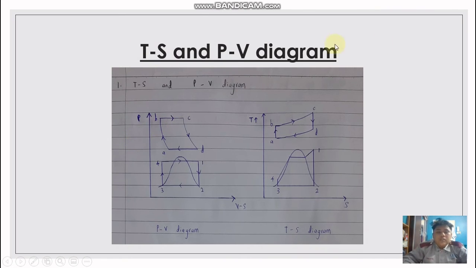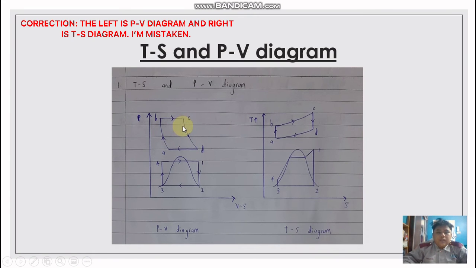So as you can see, this is the TS and the PV diagram of the combined vapor gas power plant. The diagram is basically the same as the vapor power plant and also the gas power plant. At the top left and right side is the TS diagram of the gas power plant, and also the PV diagram of the gas power plant.